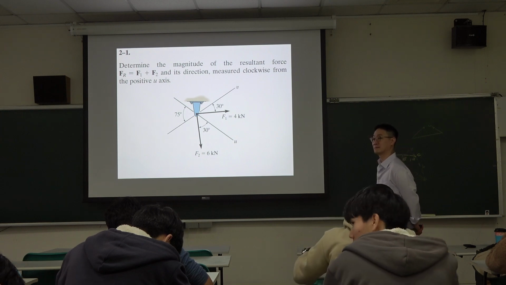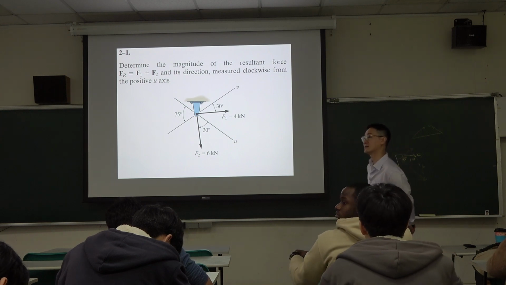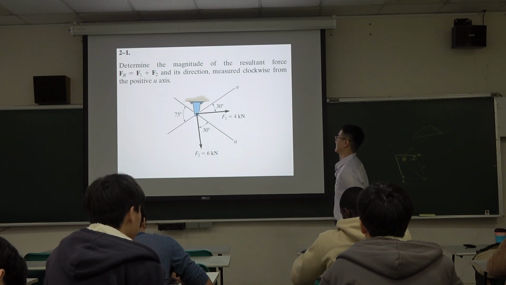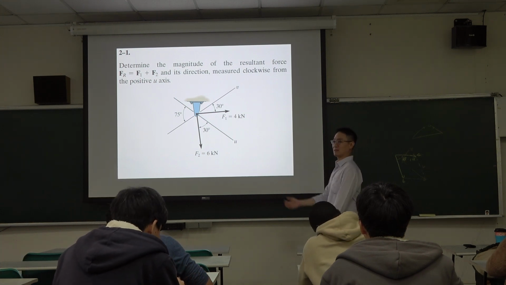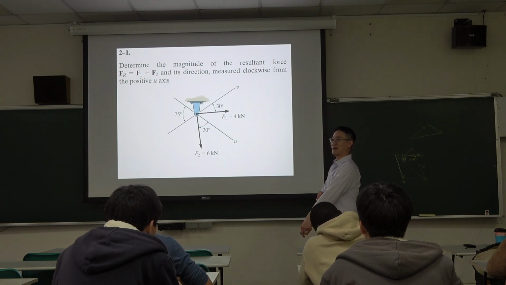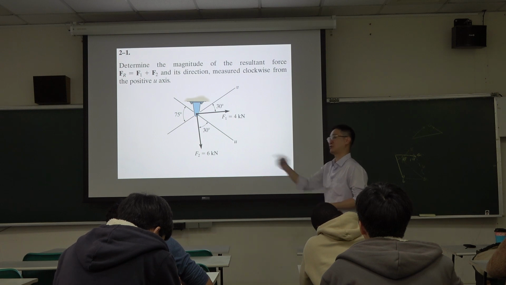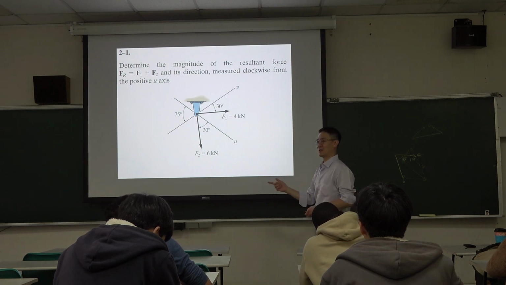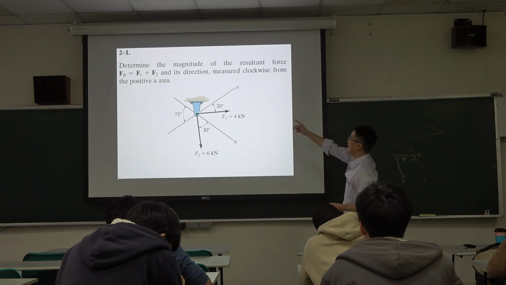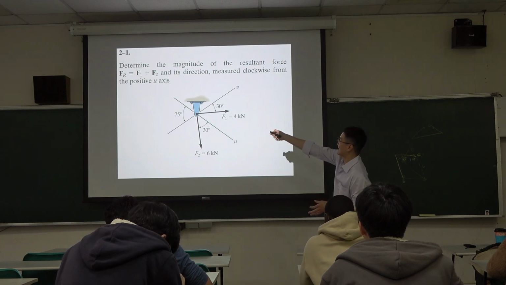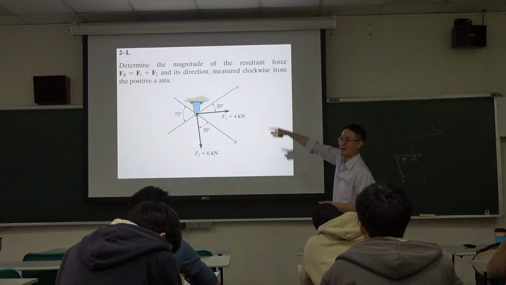Can we not use the dot product? Use what? The dot product. But we don't have x, y, z. Okay, because if we use dot product, we should define x and y. But in this case we don't have x, y, and their interest is u axis.